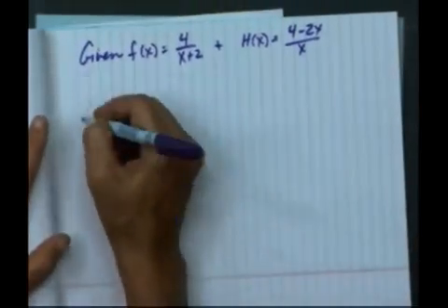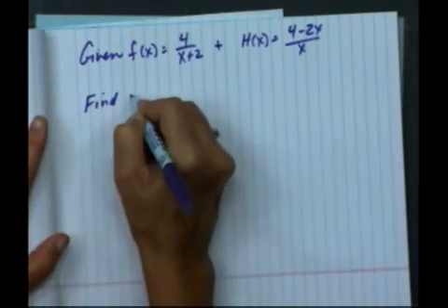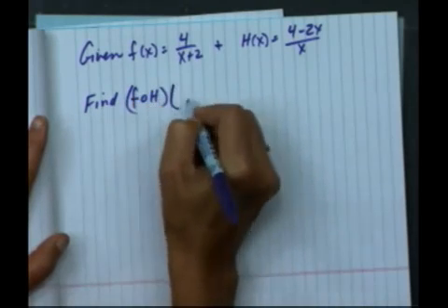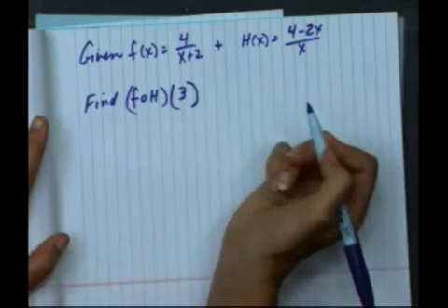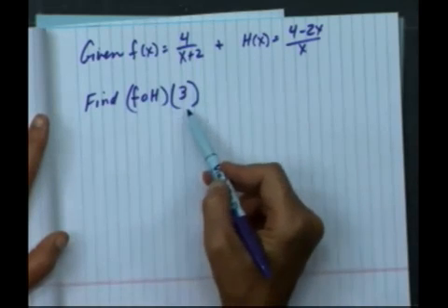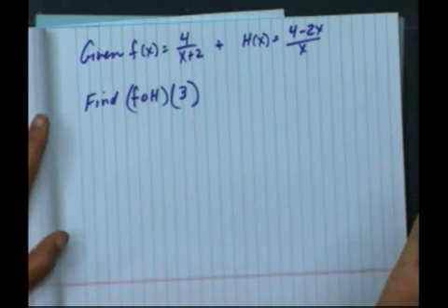All right. We want to find the composition of f and h, and I'm just going to pick a number, 3. Now if f and h are indeed inverse functions, when I form this composition, what is my answer going to be?